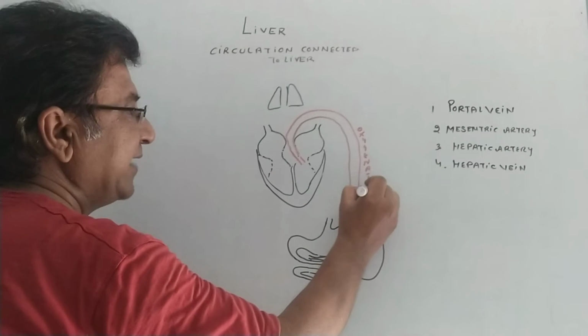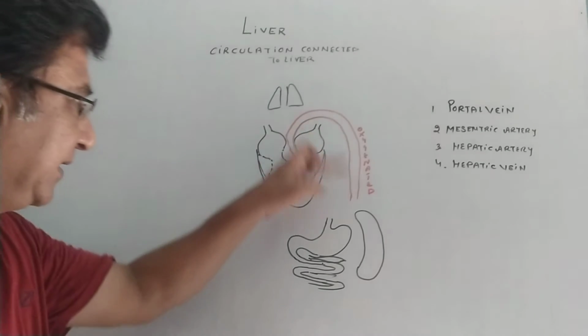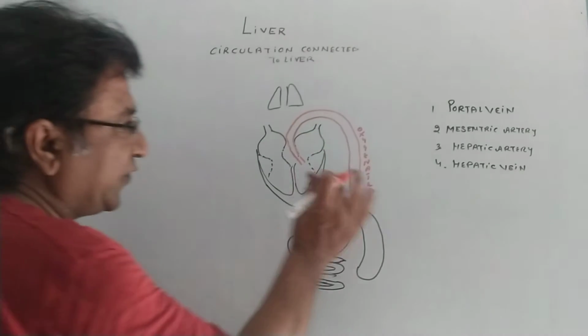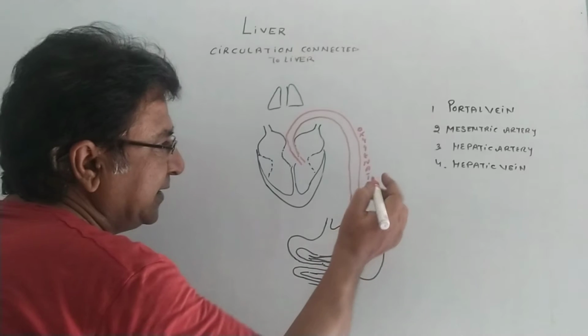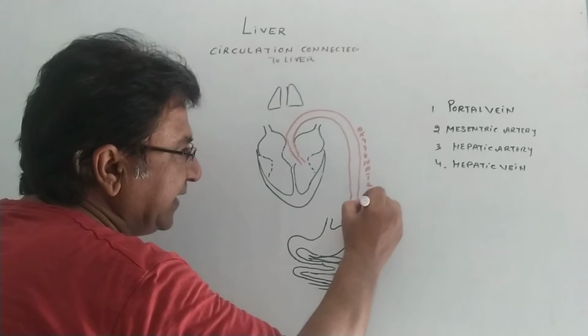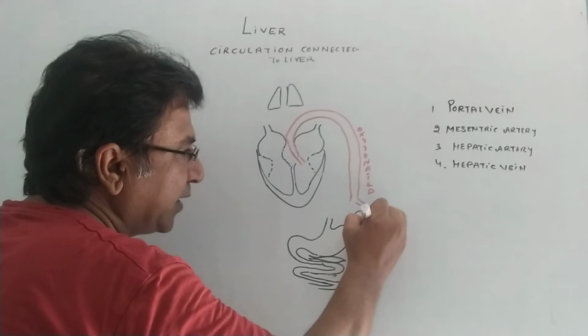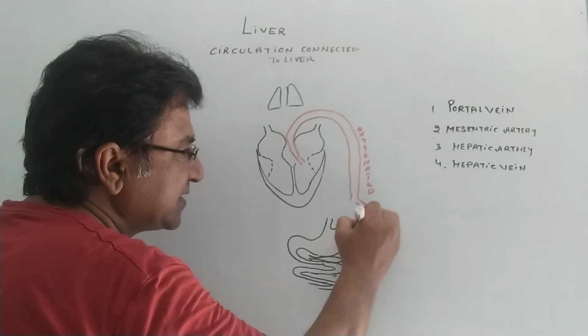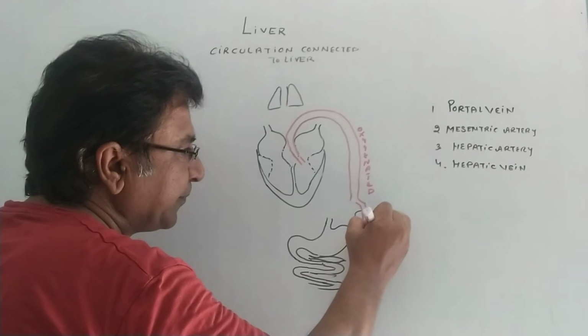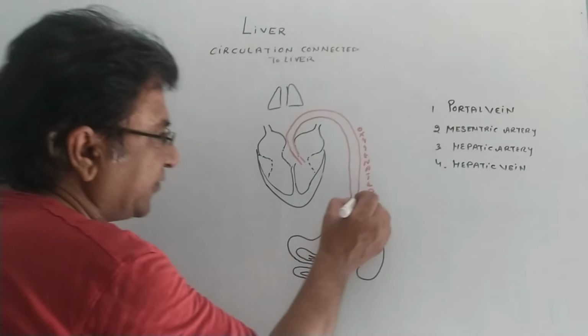So the blood is having a lot of oxygen, so we call it oxygenated blood. From this aorta, the splenic artery enters into the spleen and supplies the oxygen over here. Correct?